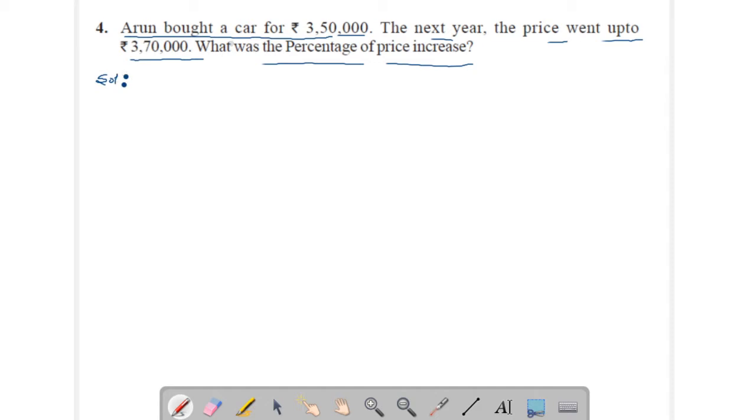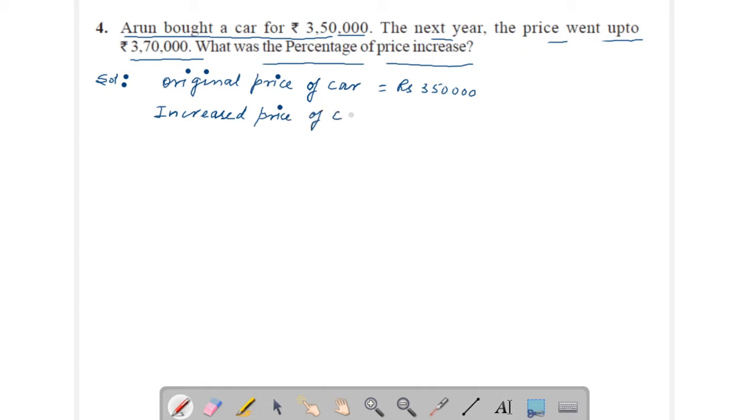Original price of car, it is rupees 3,50,000. Increased price of car, it is rupees 3,70,000.